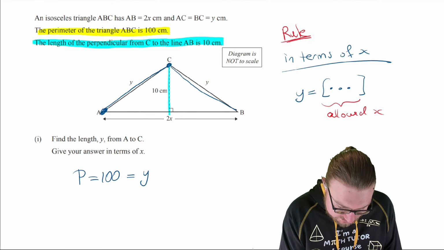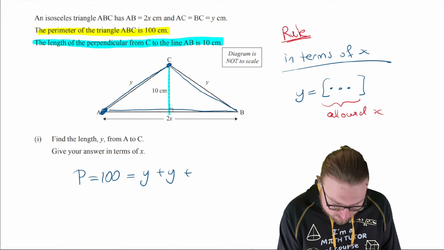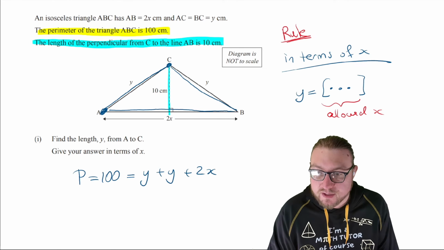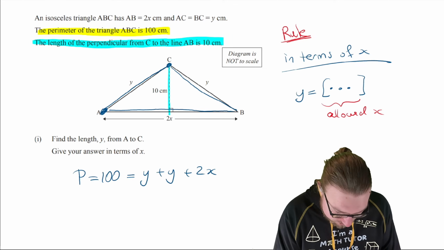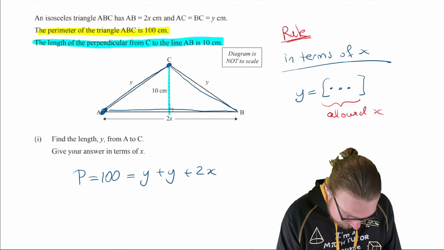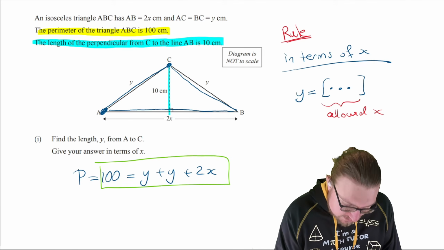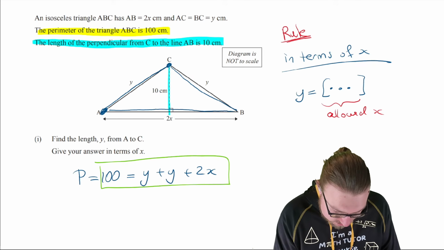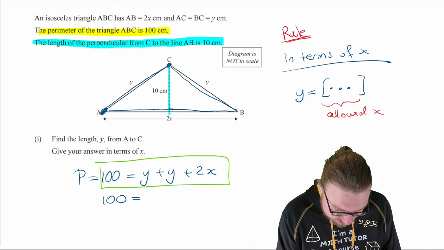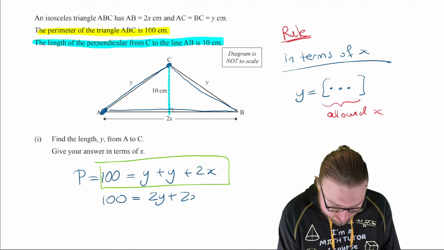Then we go from C to B. That's another y. And from B to A, which is going to be 2x. So what do we get? We get ourselves a new formula here with x's and y's in it. So we get 100 is equal to 2y plus 2x.